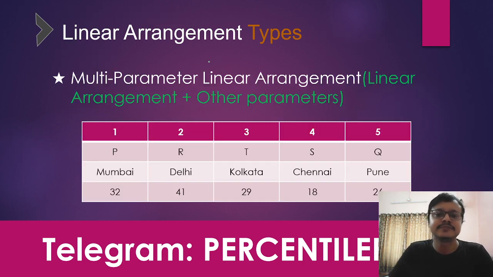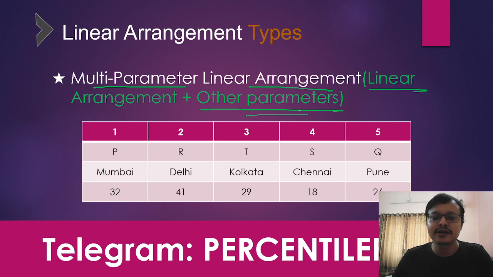The next concept is regarding multi-parameter linear arrangement. Multi-parameter linear arrangement is where you have linear arrangement combined with other parameters. So let's say you have 5 people seated in a row, from 1 to 5, left to right.